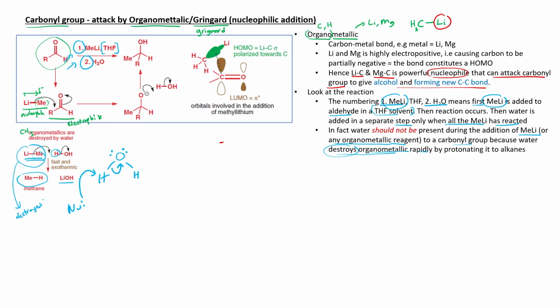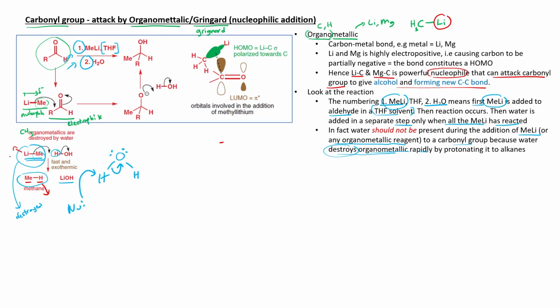Okay, so in the beginning, this lithium compound can behave like a nucleophile, but when it becomes methane, it is neutral. It cannot be a nucleophile or an electrophile. Why? Because the methyl and the hydrogen are not really far apart in electronegativity, so there is no partial difference in electron distribution in methane.